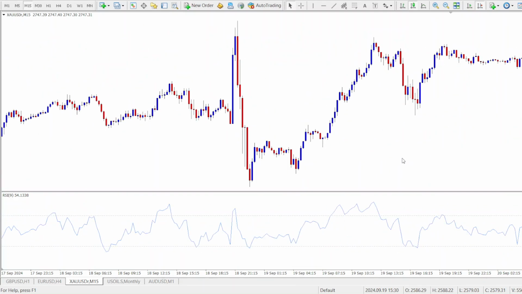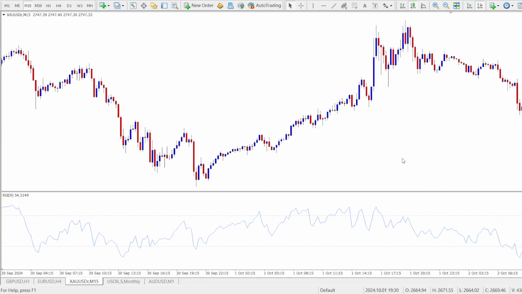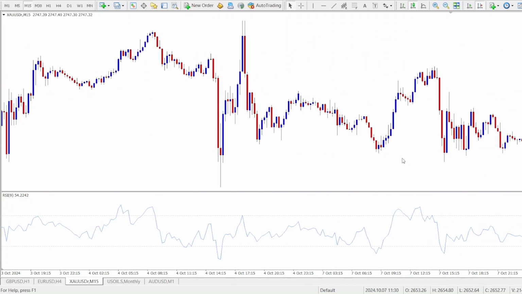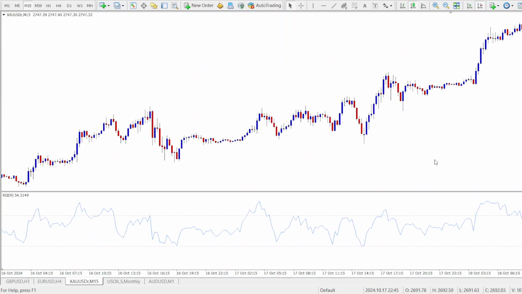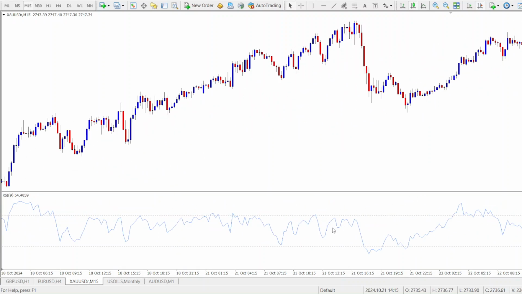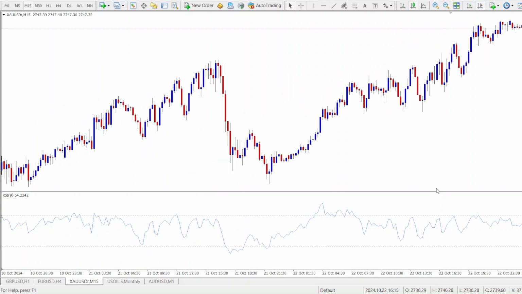When the RSI is set to shorter periods, you will notice that the movement of the RSI responds faster to price changes. But you should also remember that with more responsiveness, there are risks of false signals.